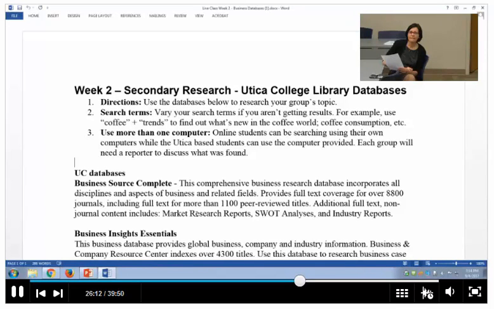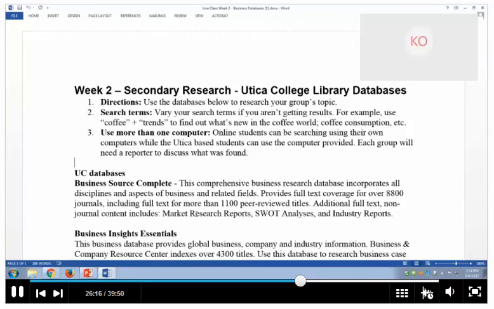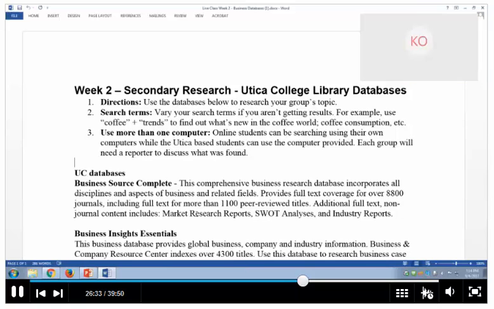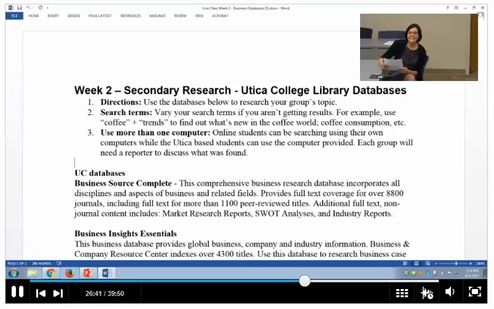We used the Utica College database, and then Theodora found one, and I'm not sure what the other one was. Okay, do you know the name of the database you were using? I didn't find it. I just reported out. We were reading them as we went. I had trouble getting on, so by the time I got on, they were already pulled up. Okay. We used the National Coffee Association.